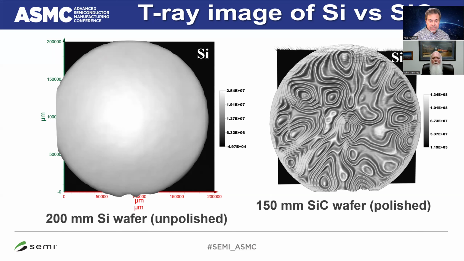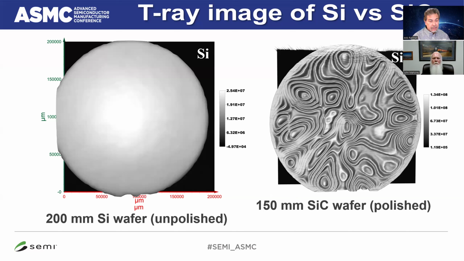If you take two wafers, one silicon and one silicon carbide, and image under identical conditions, then side by side, their images are shown here. Silicon doesn't have any of those things. Why? I don't know. Maybe they have perfected their process.